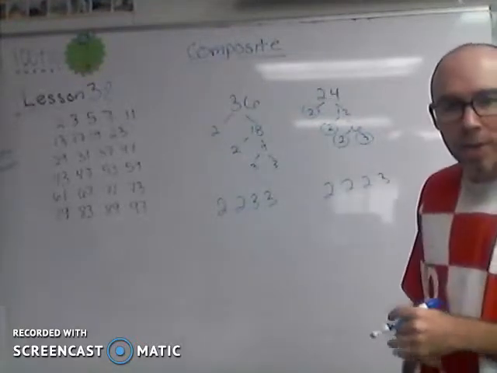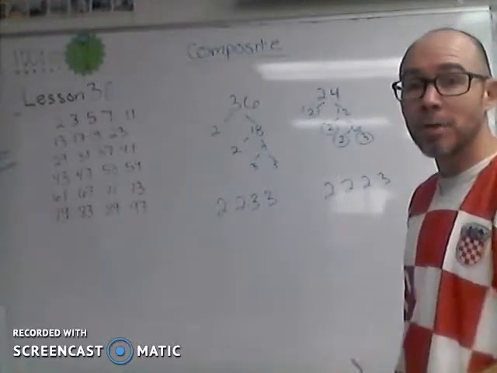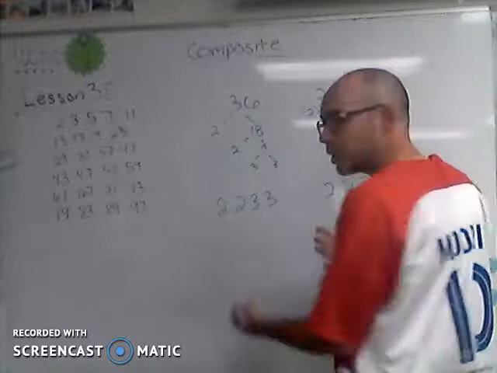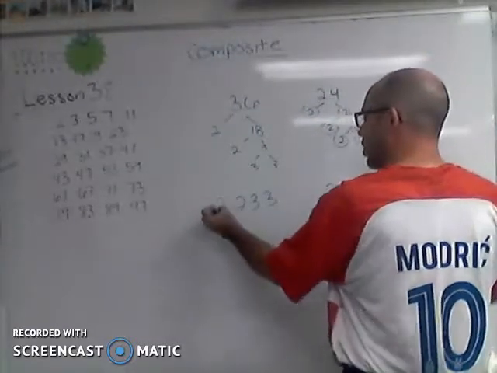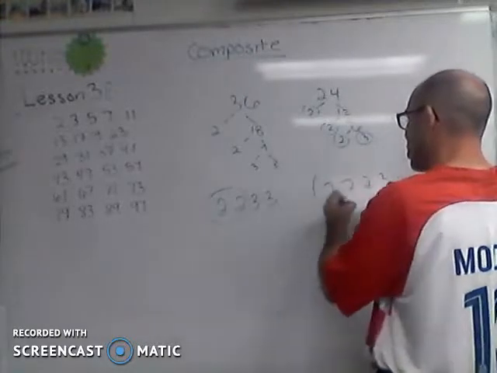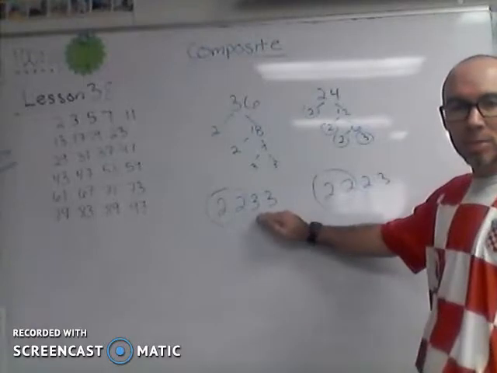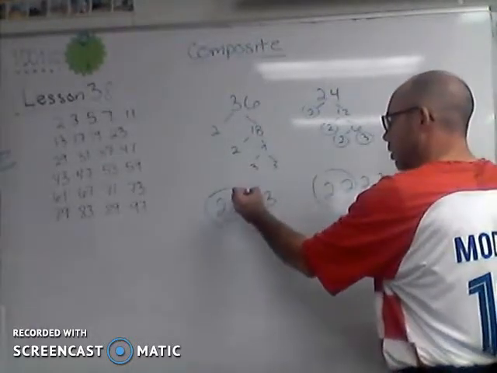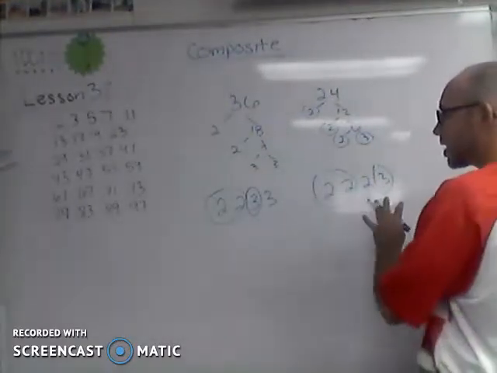We start seeing what they share, what they have in common, the most factors that they have in common. Well, there are only 2's and 3's. This one has two 2's, and this one has three 2's. The greatest number of 2's that we could circle that they both share is two 2's. And this one has two 3's, and this one has one 3, so the greatest number of 3's they share is one.